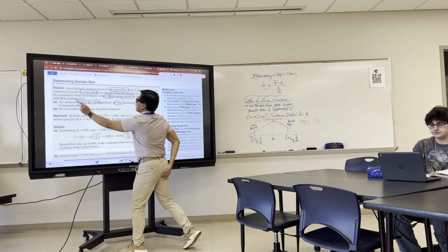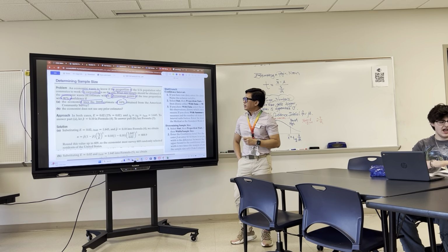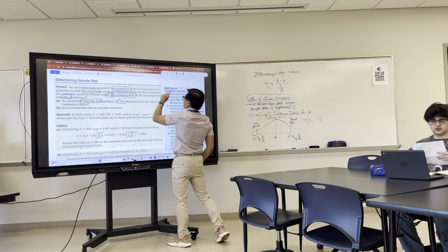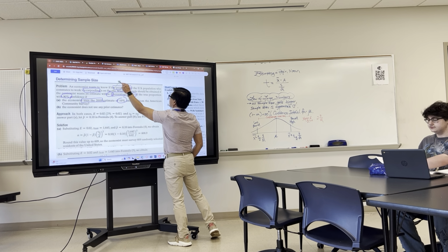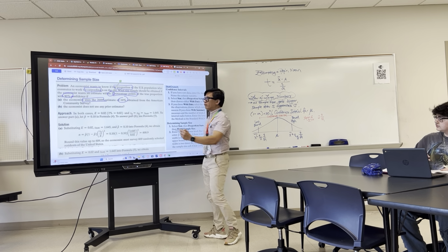Okay, so as we may notice in here, it is already said that it is within 2 percentage points, which means that these 2 percentage points is basically what we call our margin of error.